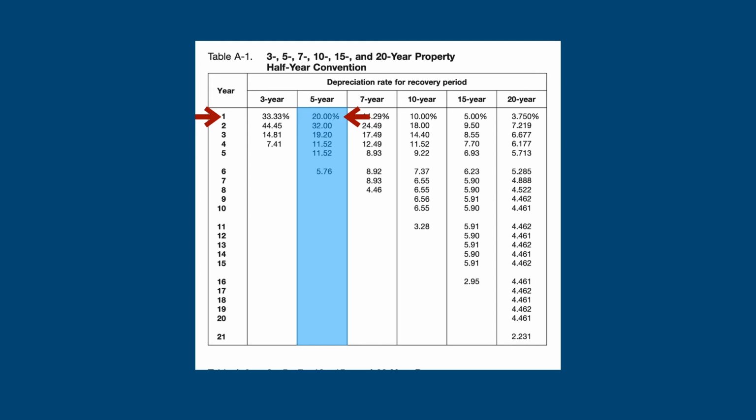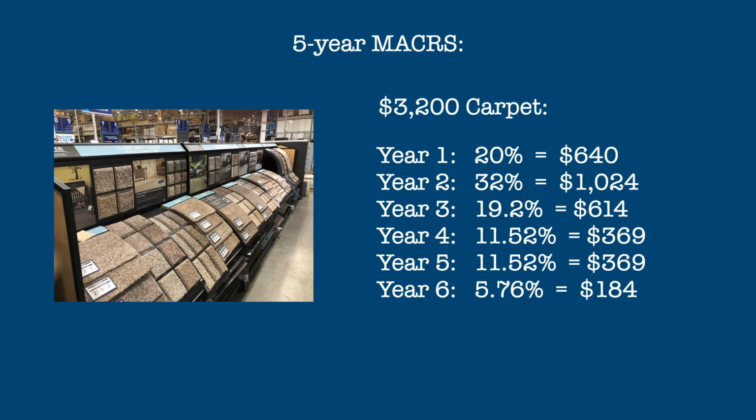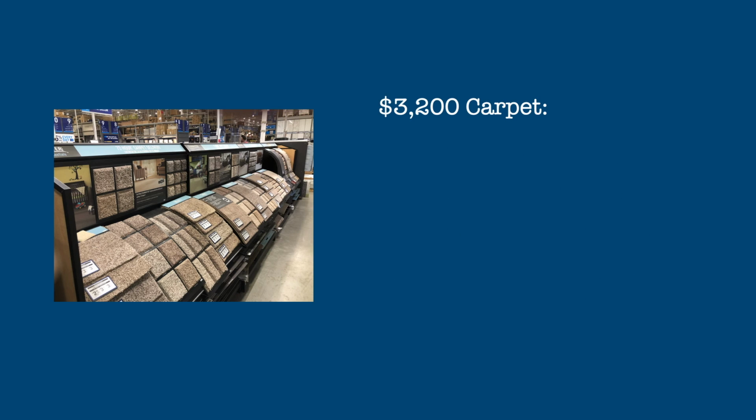Since you take 1/2 of the yearly amount of depreciation in the first year you own the asset, this means an asset with a 5-year life is depreciated over 6 years. This is also calculated for you in the table. This is how the annual MACRS depreciation is calculated for a $3,200 carpet installation.